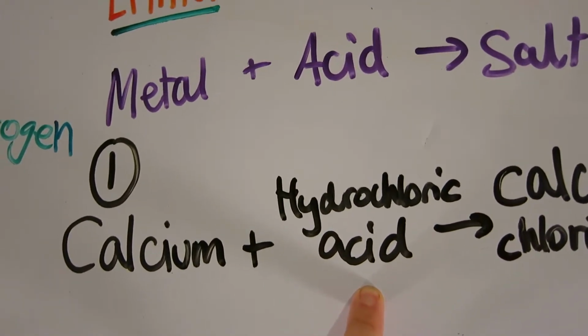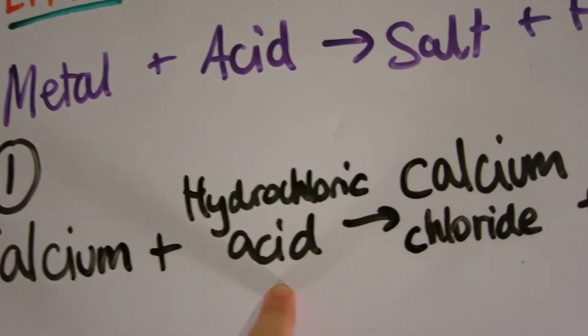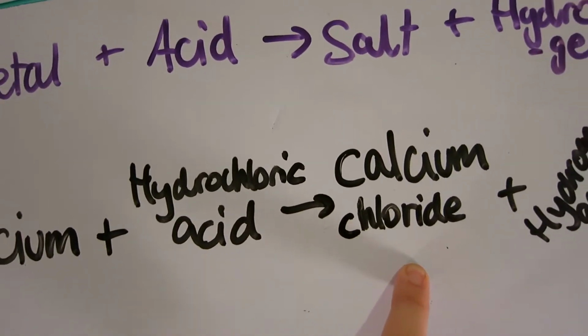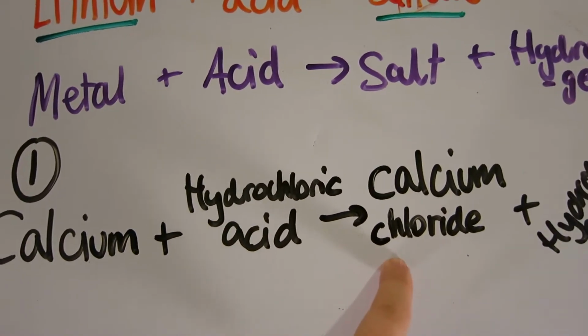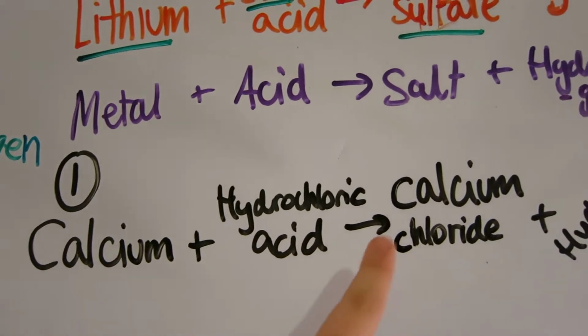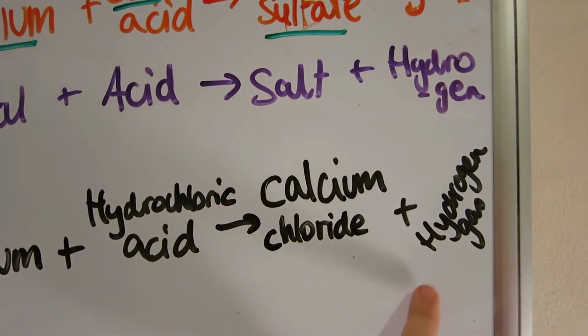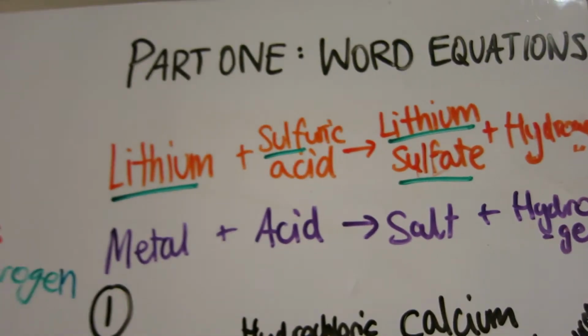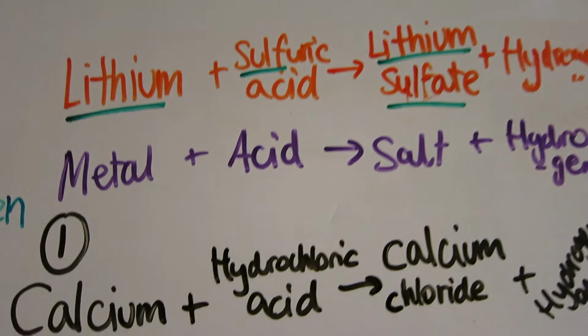You can take a minute to rewind if you want, or just come along. So we've got calcium chloride. Remember, a chloride salt is produced from hydrochloric acid, and we always put our metal first. So we have calcium chloride. And remember, hydrogen always gets kicked out. Remember looking at our general equation, metal plus acid equals salt and hydrogen.